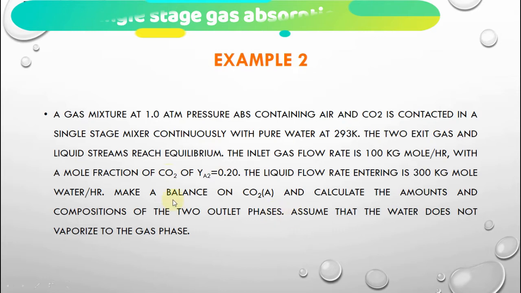To be clear, the last sentence needs you to calculate the amount and composition of the two outlet phases, which means the question does not ask you to calculate the number of stages or the height of the packing. For a single stage there is no need to calculate the number of stages because it's just one stage.